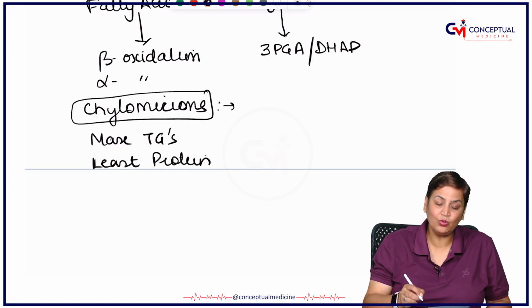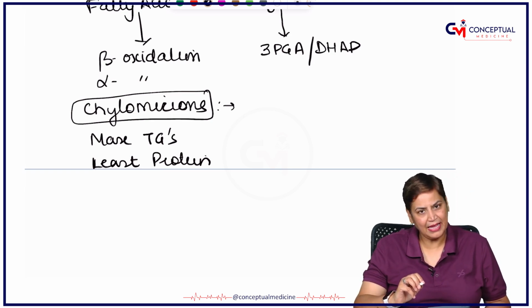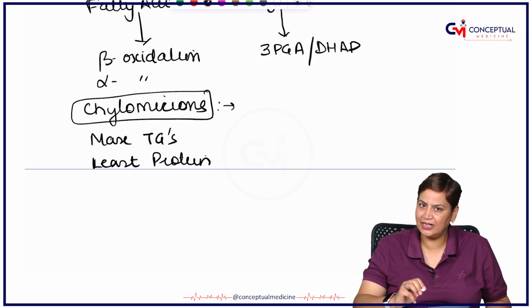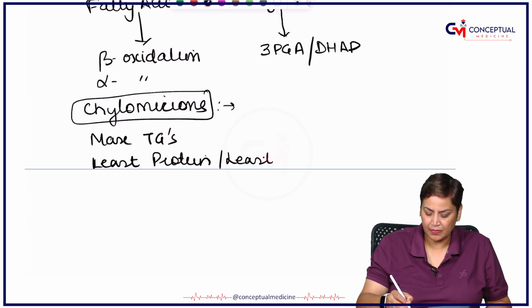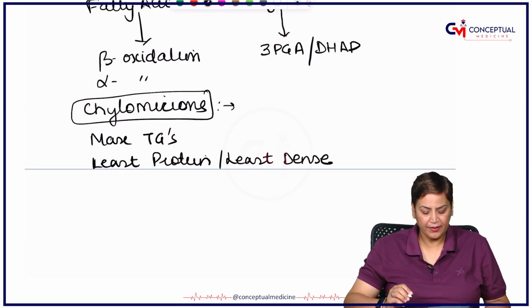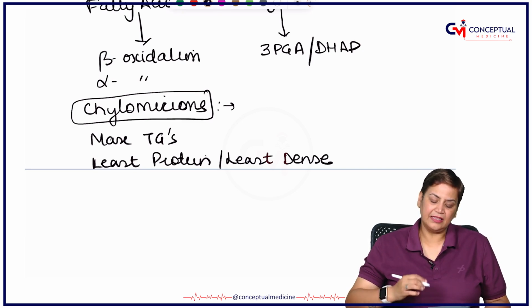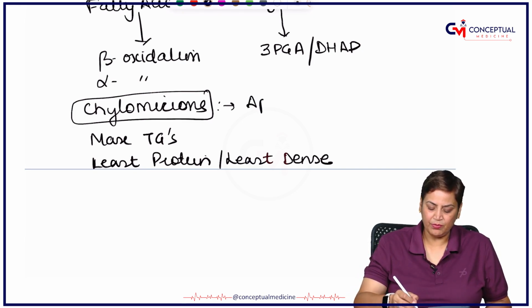And if we have to separate them by electrophoresis and ultracentrifugation, because they have the least protein, obviously they will be the least dense. Okay. And the specific apoprotein is Apo B-48.